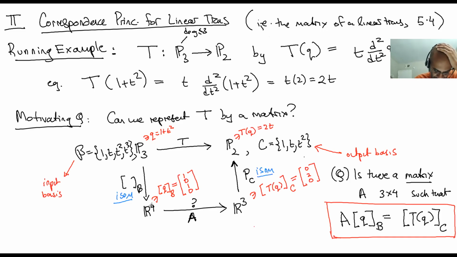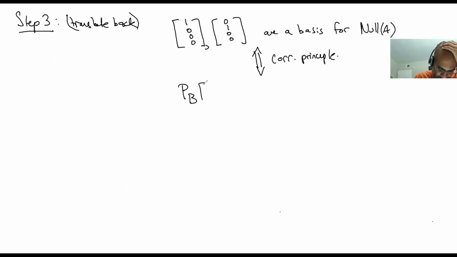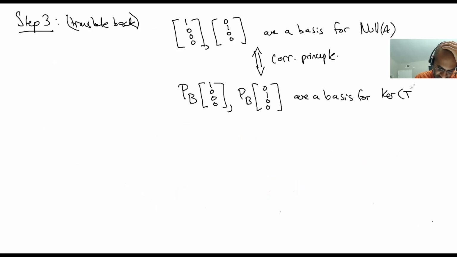So which transformation am I going to apply to go from R4 to P3? PB, right? The inverse of the coordinate mapping of B. So these vectors are a basis for the kernel of T. So this correspondence principle is just a translation, right?